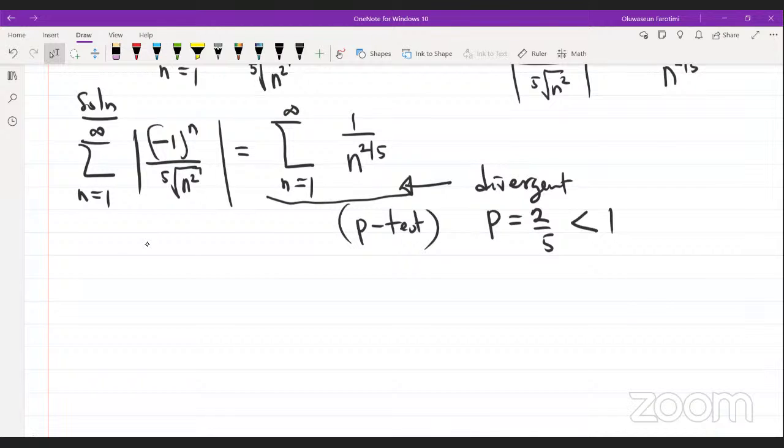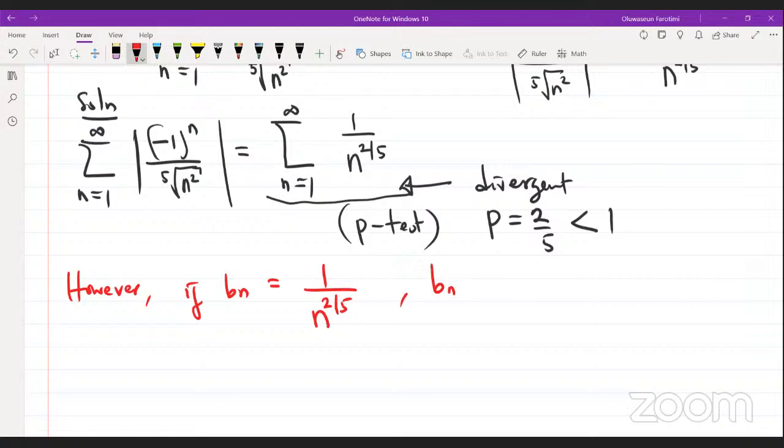Okay, so now let's see. Let me write in red. However, if b_n is 1 over n, this guy, what is going to be b_(n+1)? That means wherever you have n, replace it by n plus 1.